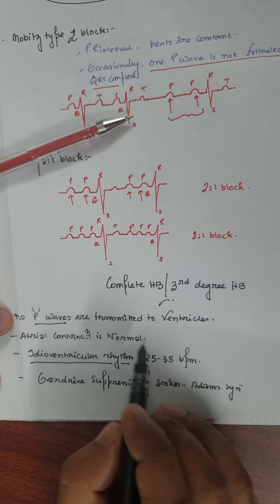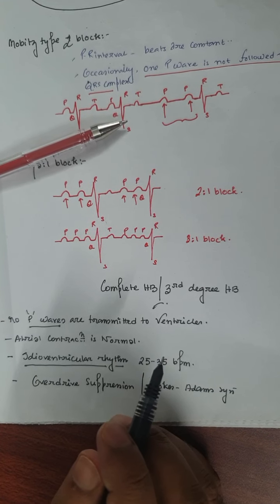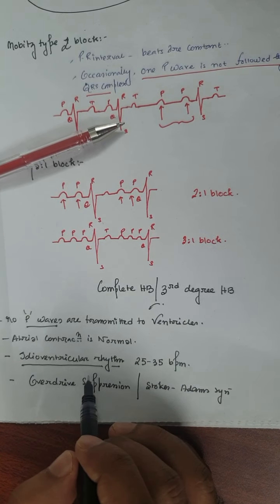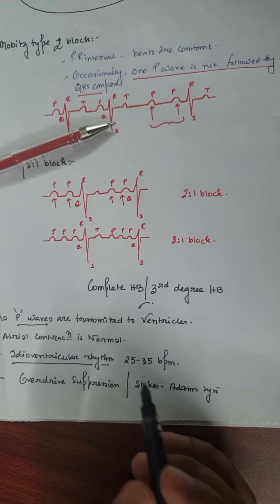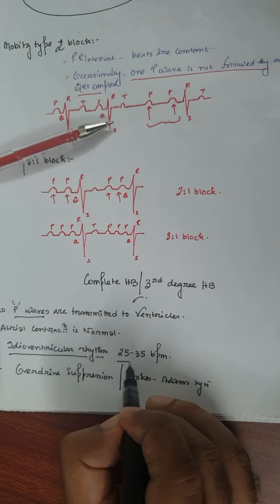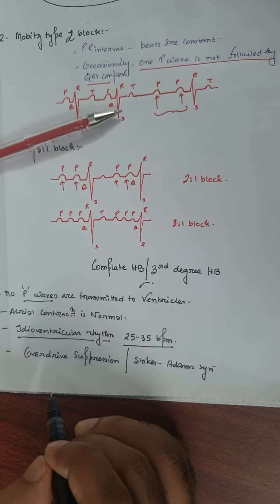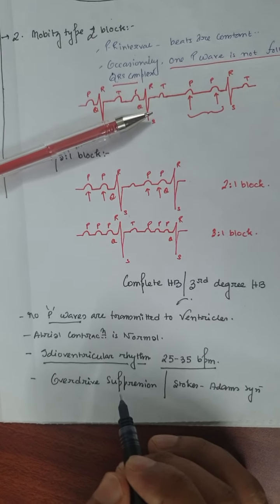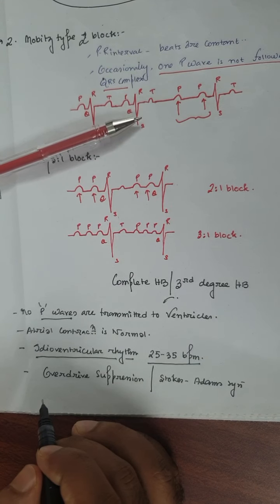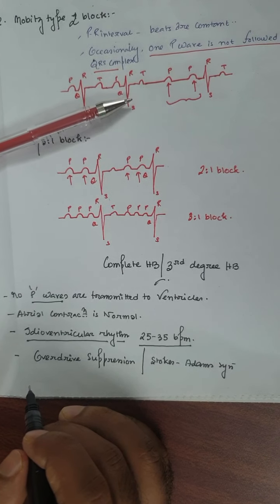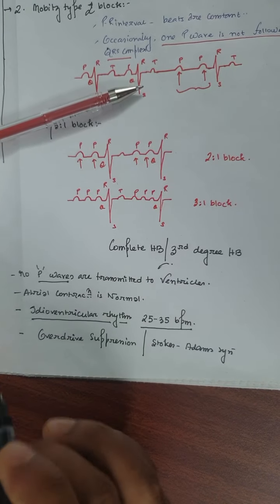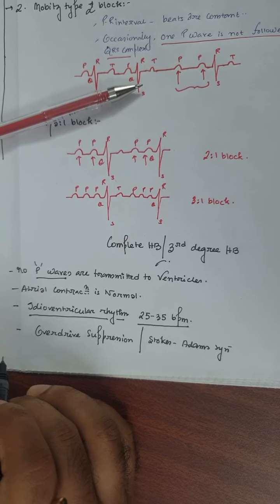Now when this complete heart block occurs all of a sudden, it makes the ventricles get their own rhythm, that is idioventricular rhythm, 25 to 35 beats per minute. Now what happens during this sudden occurrence of the complete heart block? The ventricles become quiescent for some time, and then they start beating to their own rhythm. This is called the overdrive suppression.